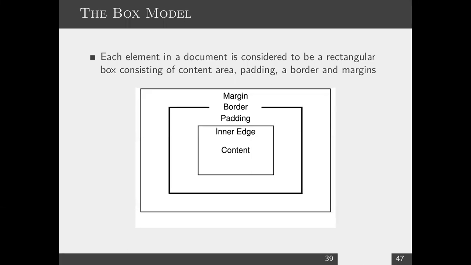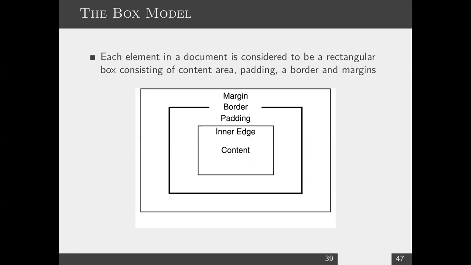Each element in a document is considered to be a rectangular box, and this consists of a content area, some padding, a border, and a margin.